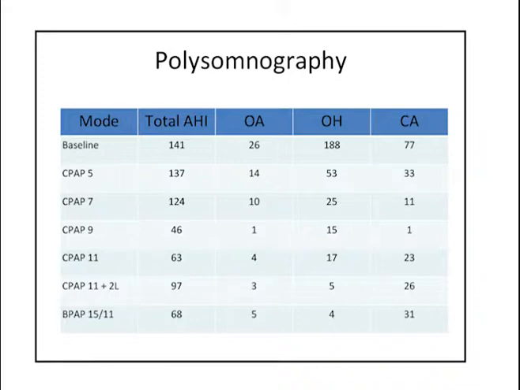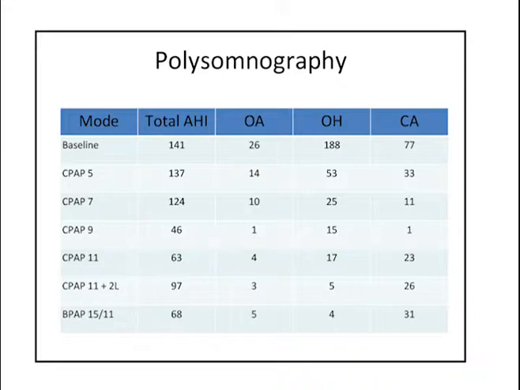Per protocol, CPAP was started at 5, reducing the AHI slightly, then increased to 7 and 9, and you see a dramatic drop in the AHI. However, the AHI remained elevated even at 9. A further increase to 11 resulted in a paradoxical increase in AHI due predominantly to an increase in central apneas.